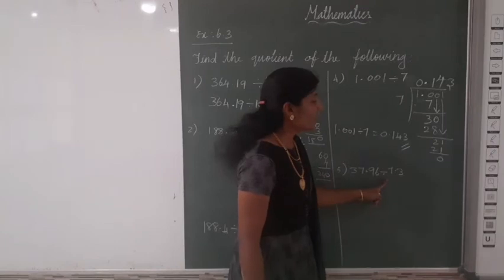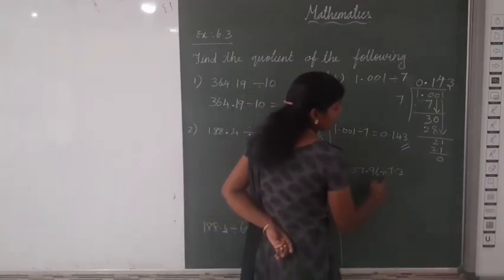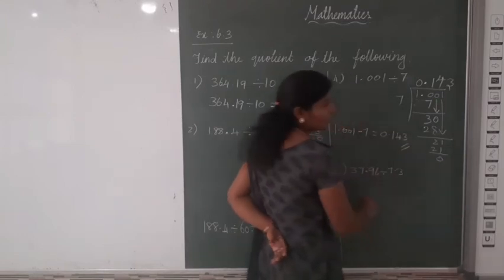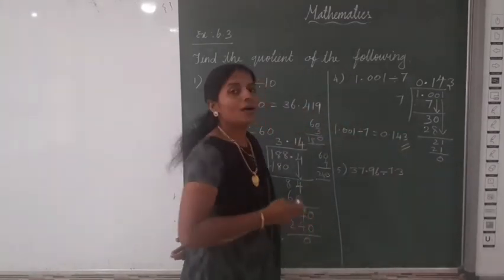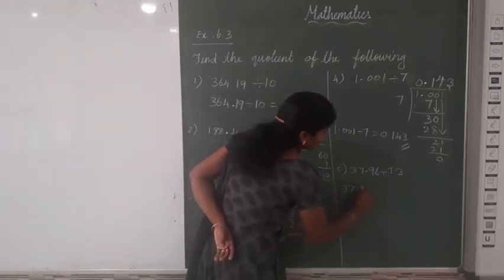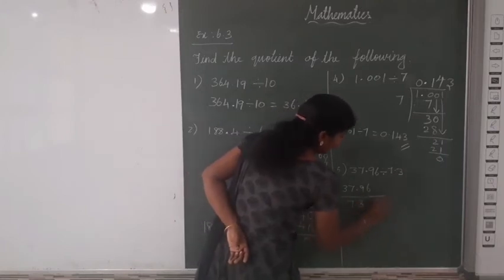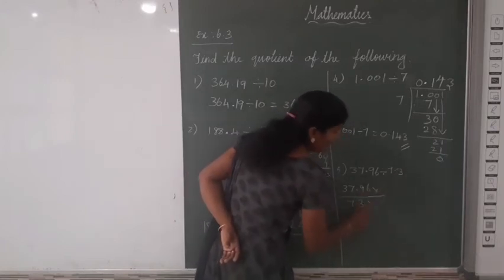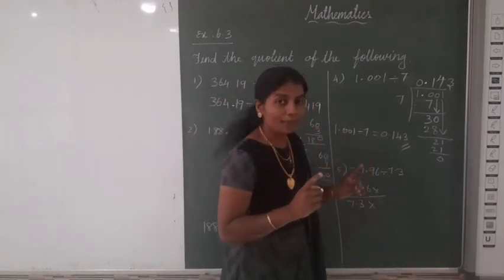37.96 divided by 7.3. Listen, 37.96 divided by 7.3. The divisor is also a decimal number. Now we want to make the decimal number a whole number. After the decimal point we have only one digit, so we multiply by 10.